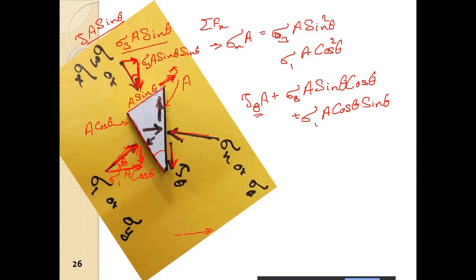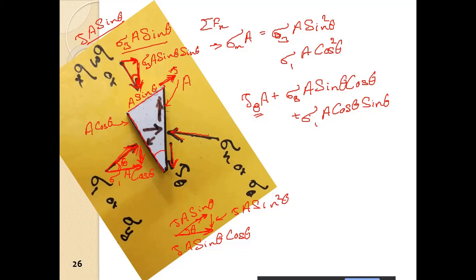Then you have to resolve it into two components again. One will be in the vertical direction, one will be in the horizontal direction, and this is the angle theta. So this will be tau A sine theta cos theta, and this will be tau A sine square theta.